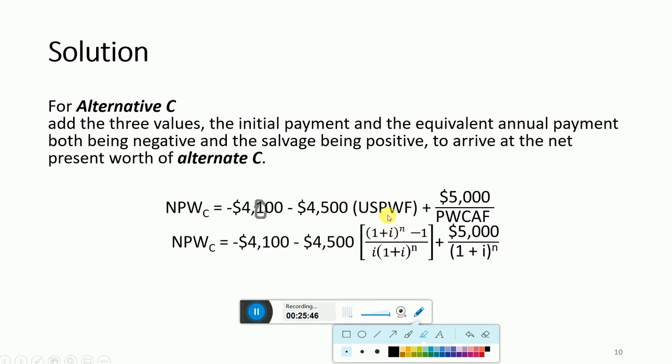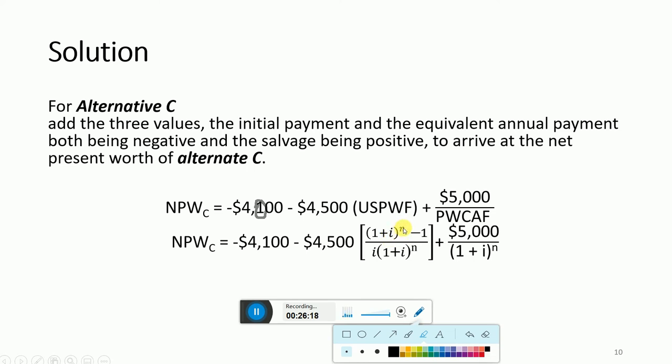So for using the uniform series present worth factor formula, this is the formula which we have to use, as this is the future value. Here this is the future value and this is the present worth compound amount factor. So by just putting the values, we will use as the minimum attractive rate of return, which is 8%, or we can say 0.08.